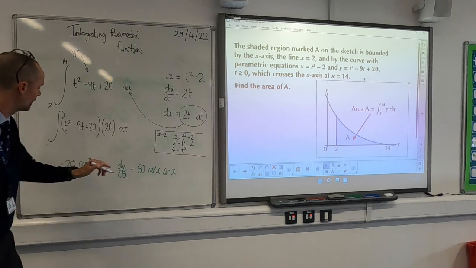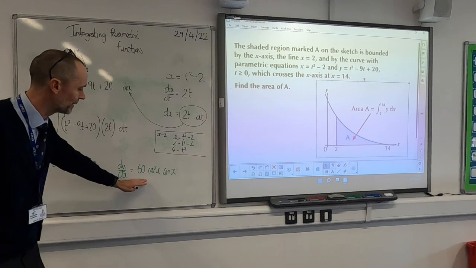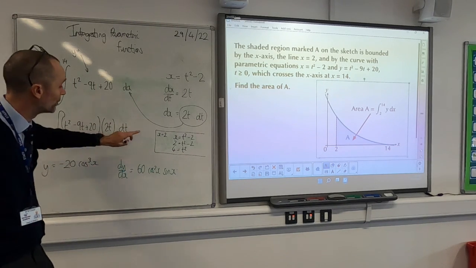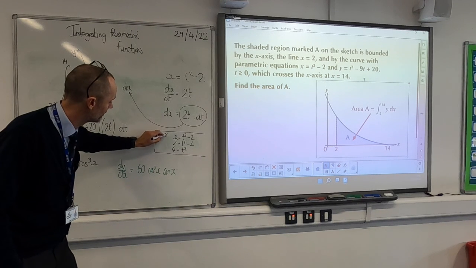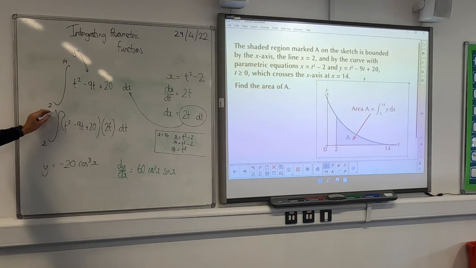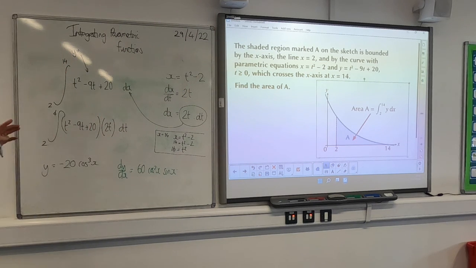Because t squared is 4, so if t has to be positive, then t is 2. And then the other value is when x is 14. So that statement there just means we're not troubled by the plus or minus thing. So we've changed the x values.